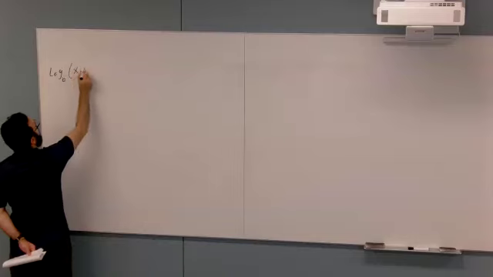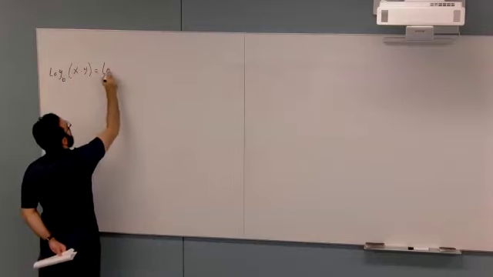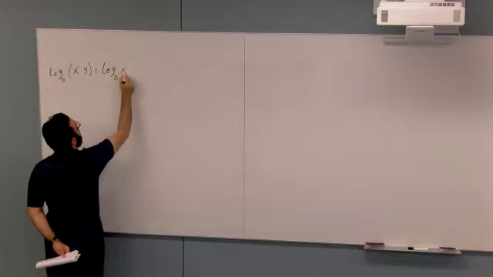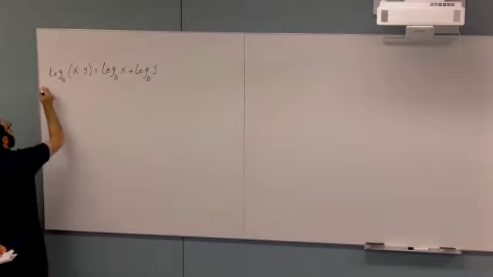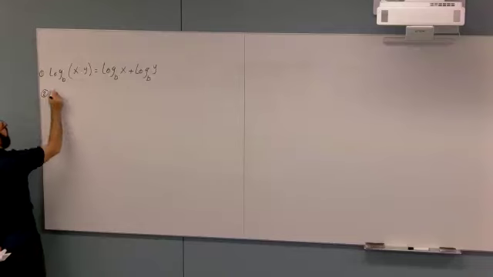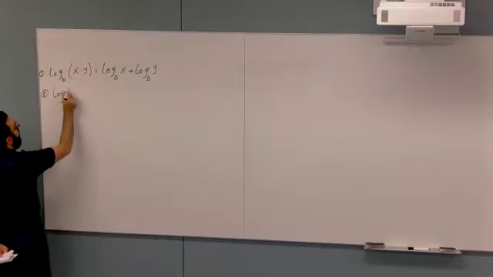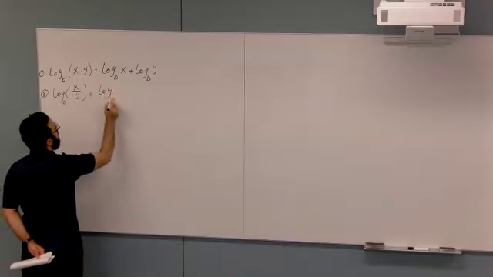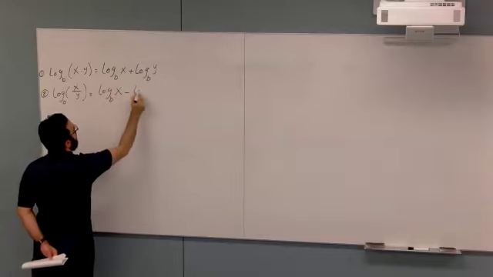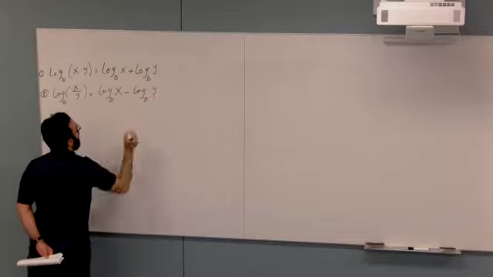So remember before, we said if we have log to the base b, x times y is going to be log to the base b of x plus log to the base b of y. And we have log to the base b of x divided by y is going to be log to the base b of x minus log to the base b of y.